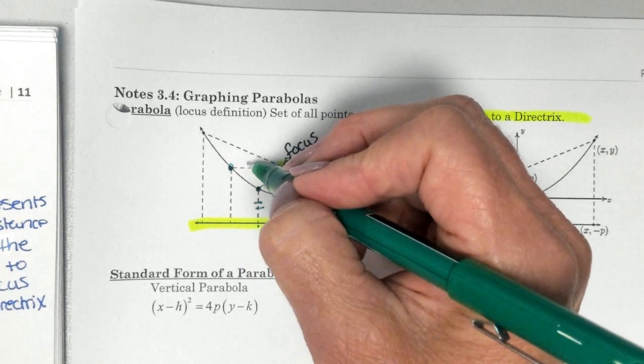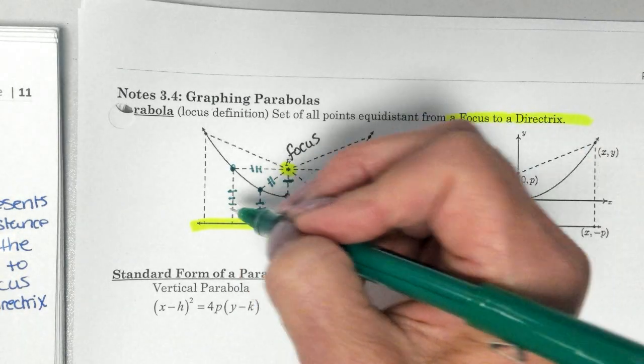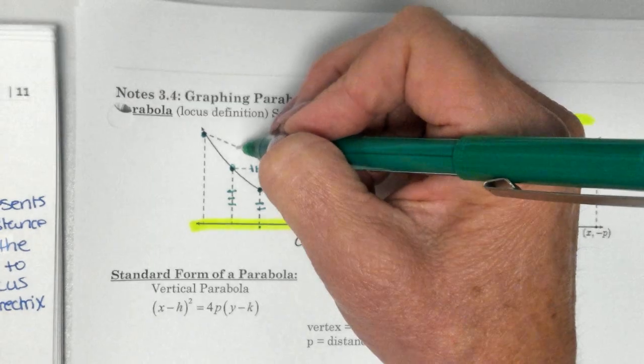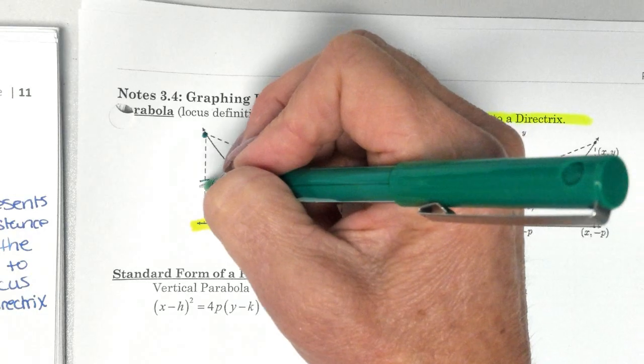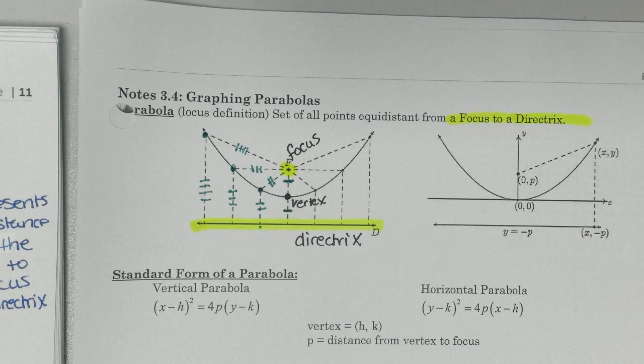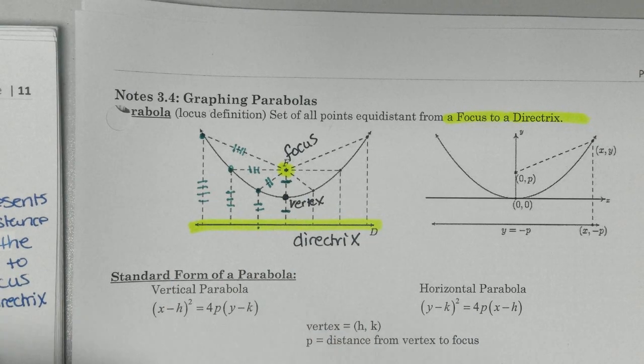On around, this distance to the focus and directrix is going to be the same. On around up here, this distance and this distance are going to be the same. So that is the important part that you want to remember, and that is how this parabola is built.